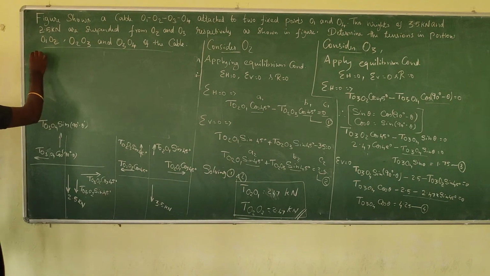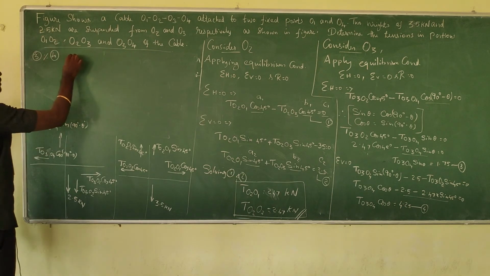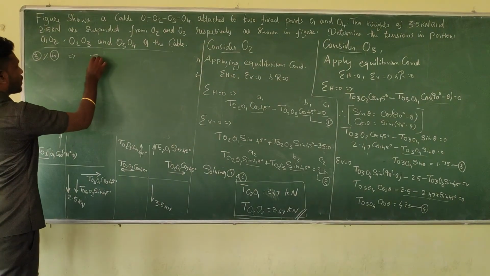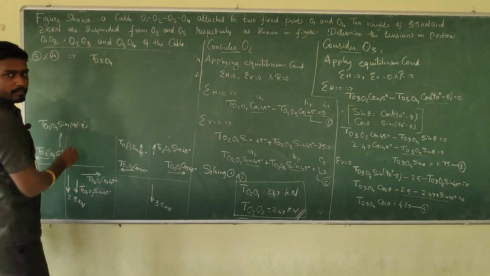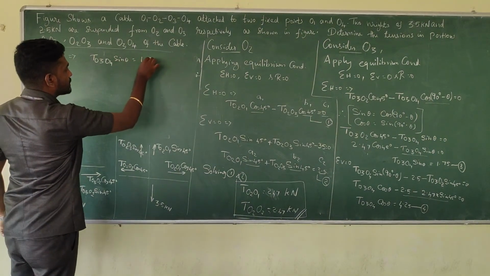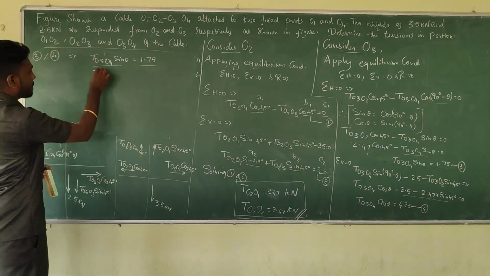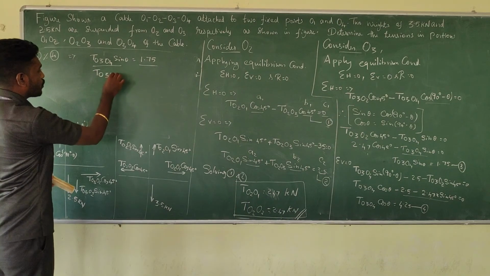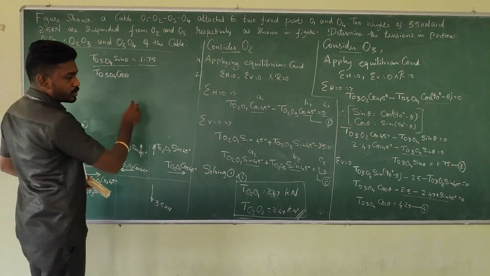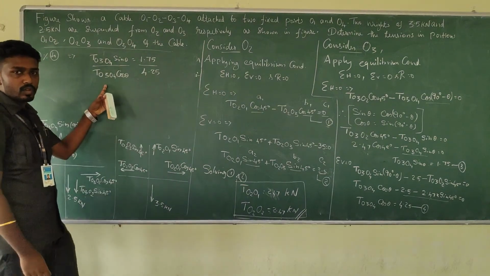Divide equation number 3 by 4. So equation 3 is T O3 O4 sine theta is equal to 1.75, divided by this term, T O3 O4 cos theta, which is 4.25.